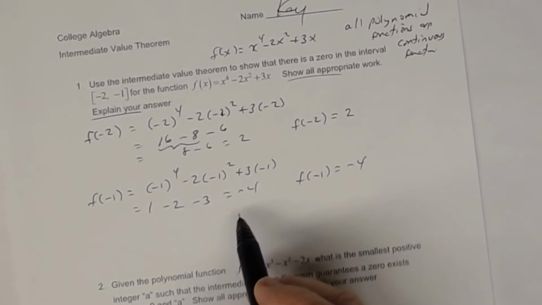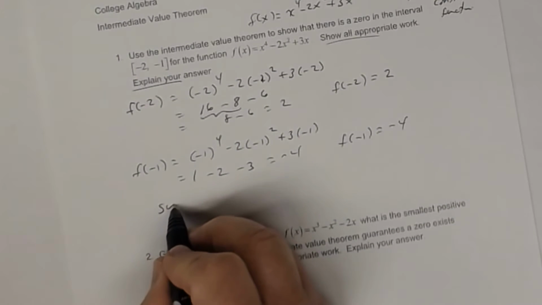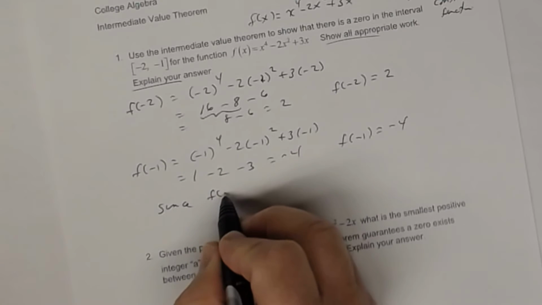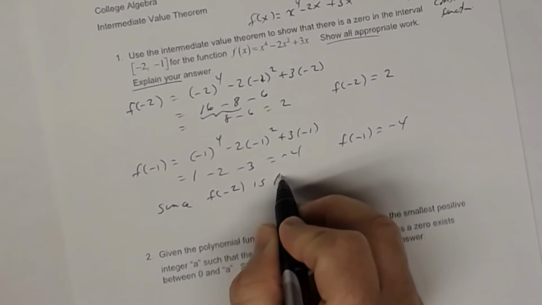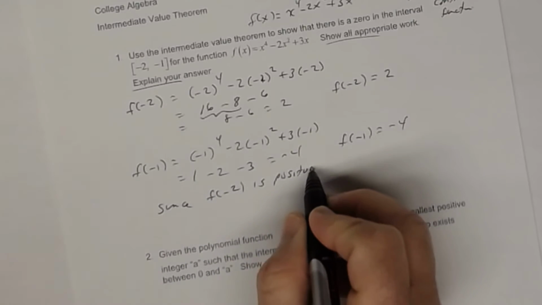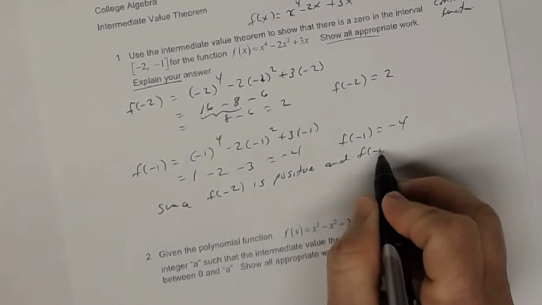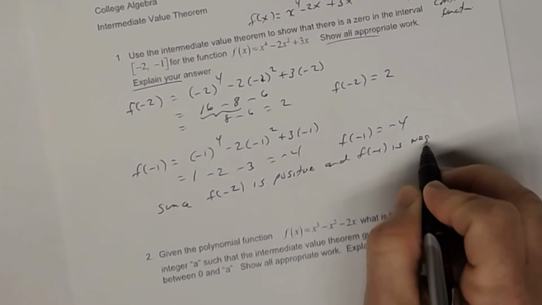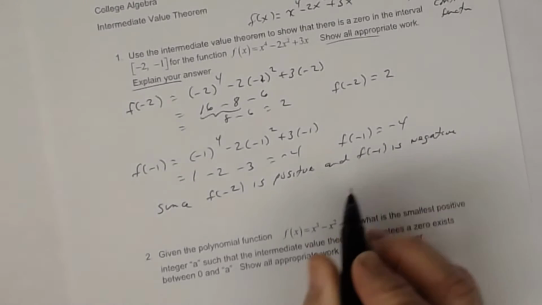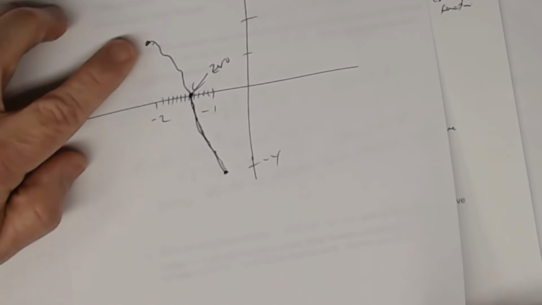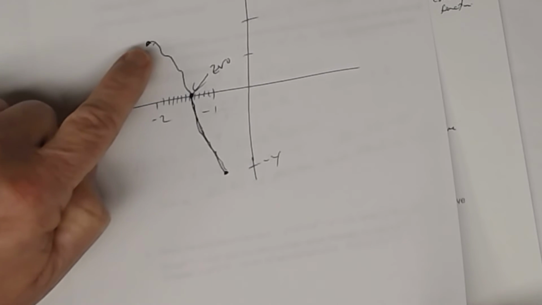And so then you would say this. Since f of negative 2 is positive, remember it's a positive 2, and f of negative 1 is negative. All right, so remember, one point is above the x-axis, the other point is below, so it has to cross the x-axis.